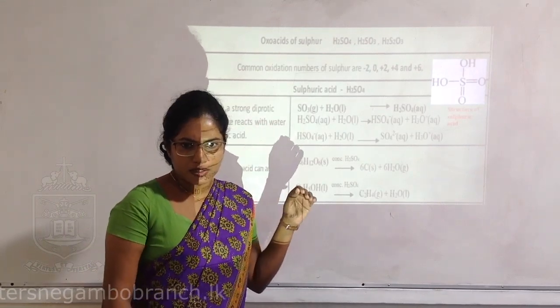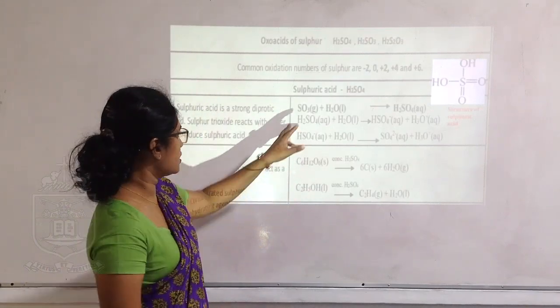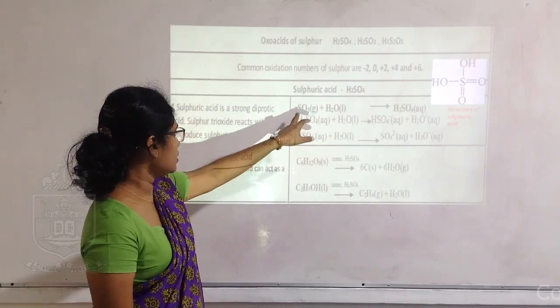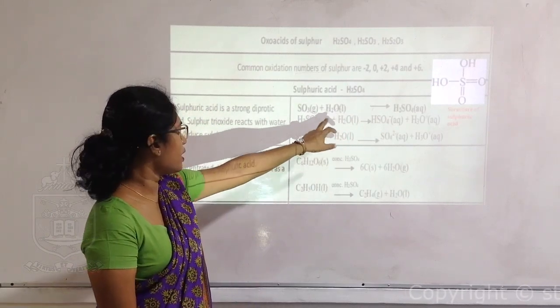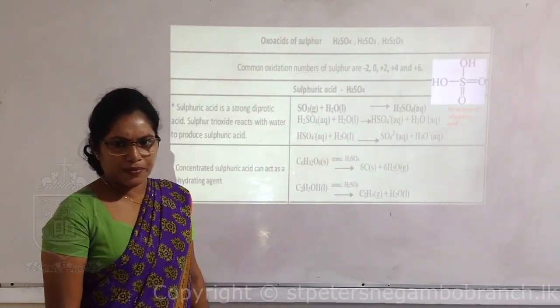Sulfur trioxide reacts with water to produce sulfuric acid. In the first reaction, it is shown here. Sulfur trioxide reacts with water and produces sulfuric acid.